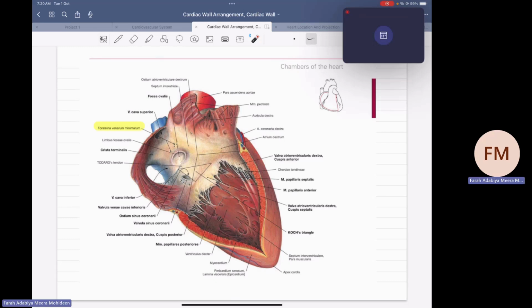These thick parts are your papillary muscles, and at the end, all these are your trabeculae carneae. These are tendinous cords. They look whitish, so it's easy for you to differentiate between the muscles and the tendinous cords as well. And your cusps, you can see posterior, then septal, and your anterior.